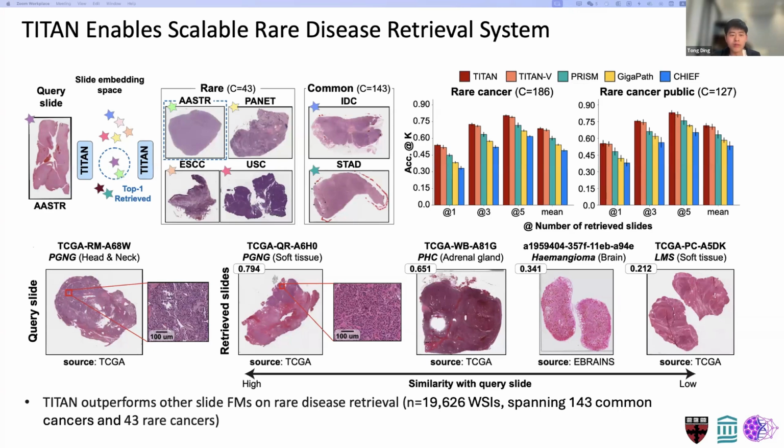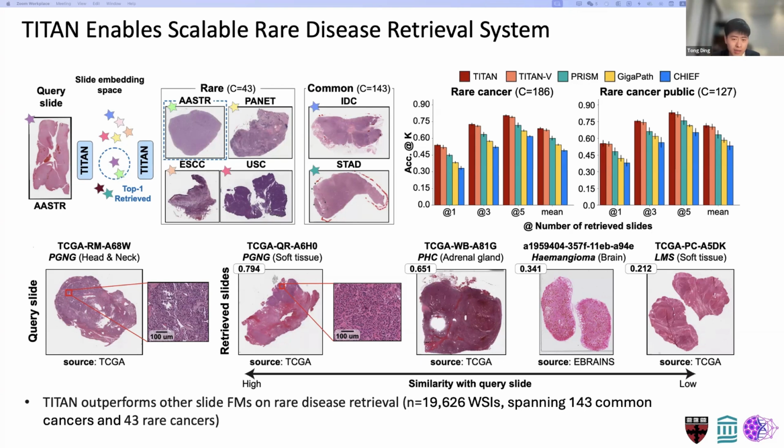Yeah, so with a foundation model that can readily produce these general purpose features, a very nice clinical application we can do is to use these slide embedding foundation models to do rare disease retrieval. And here we propose two datasets. The first one is called Rare Cancer Public Dataset, which has the slides from TCGA and EBRAINS datasets, and it consists of 127 subtypes.